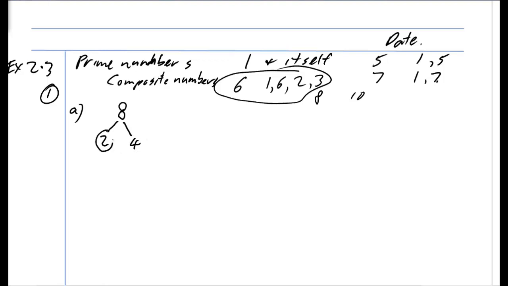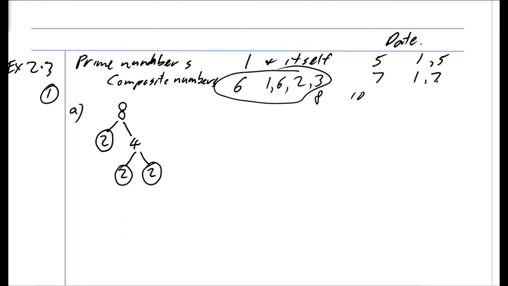Now number 2 is a prime number or a prime factor. You can't split that anymore, so you circle it. Now the number 4 is 2 times 2. So we draw a little V like this, and we put 2 and 2 there. So the number 2 is a prime.